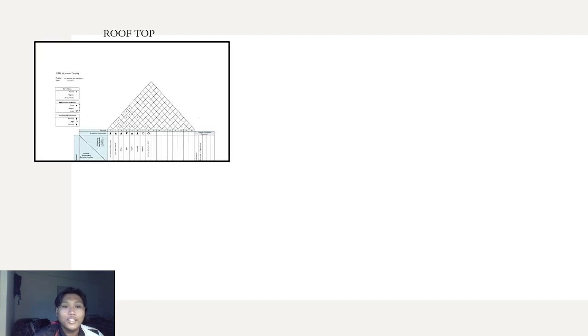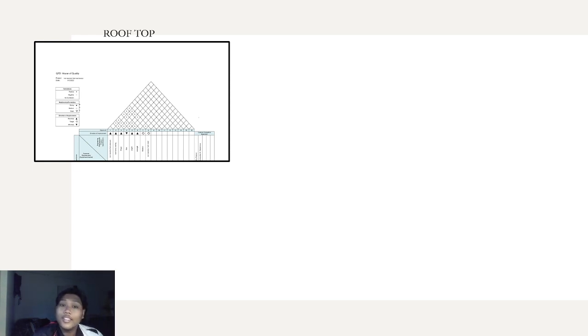Let's check it out. The first part in the house of quality is the rooftop. The rooftop is the part with the correlation between the engineering requirements such as strength, shape, material, outer shear pressure, and fluid pressure.